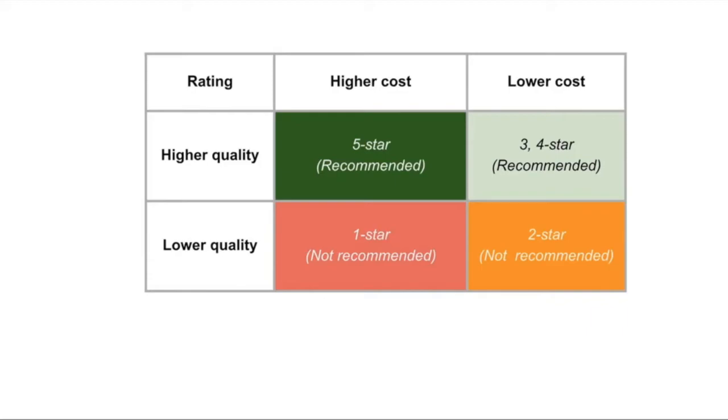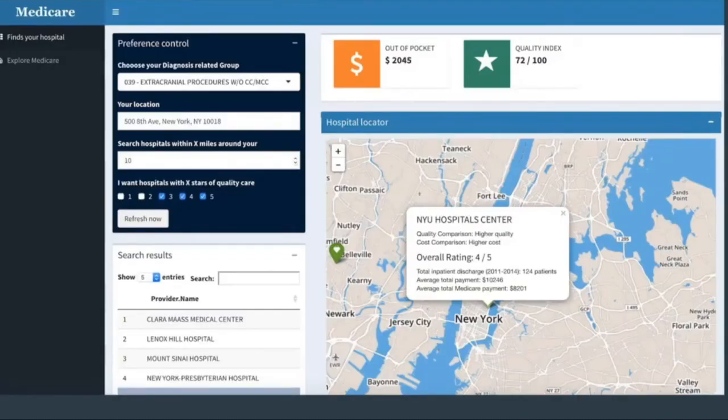Also, if the patient has a limited budget, I will suggest level 3 and 4 star hospitals. And I would not recommend 1-star and 2-star hospitals to patients. Following this logic, this is the user interface.